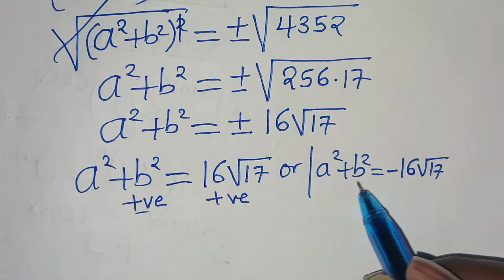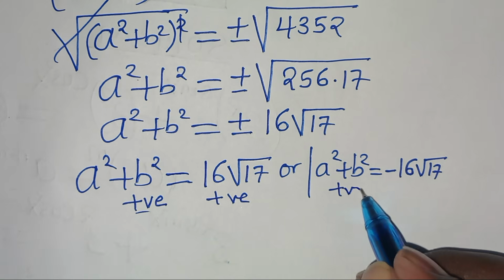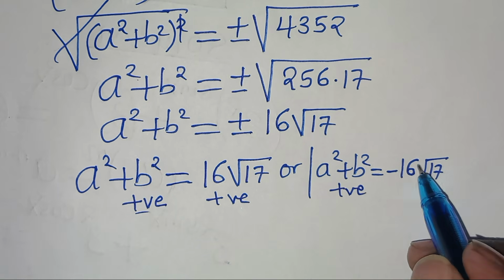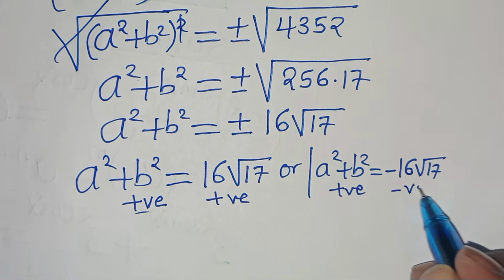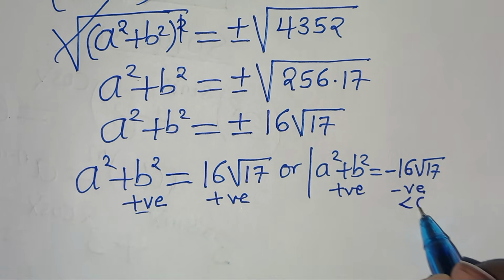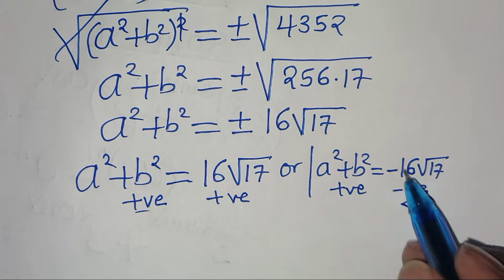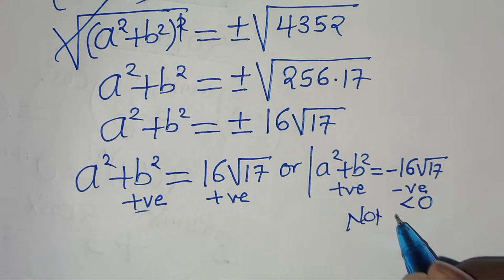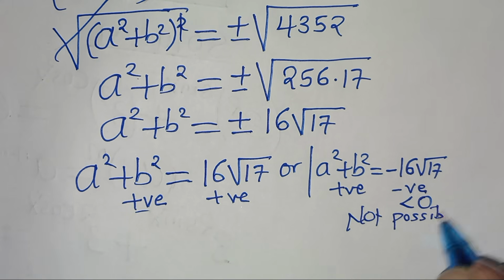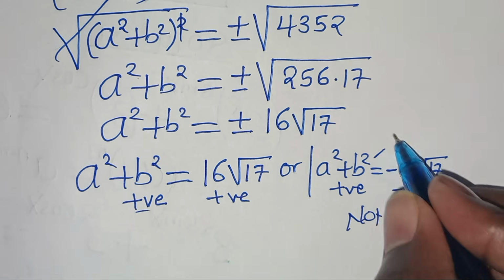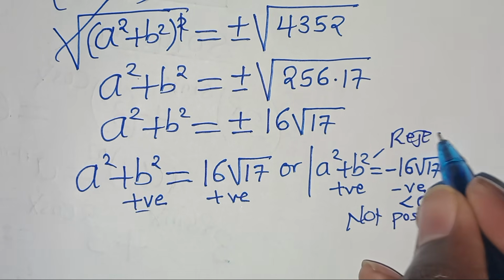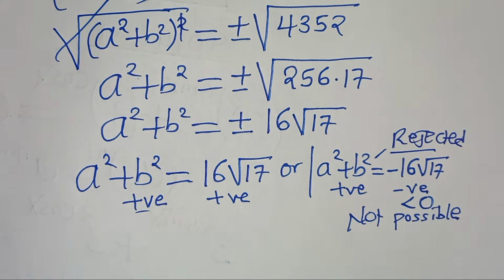But in the second, a squared plus b squared is positive while negative 16 square root of 17 is negative, which is less than 0. So this is not a possible case, and therefore the second case is rejected.